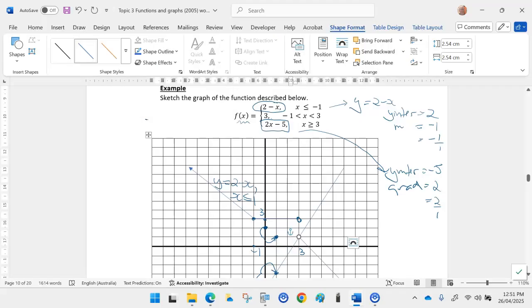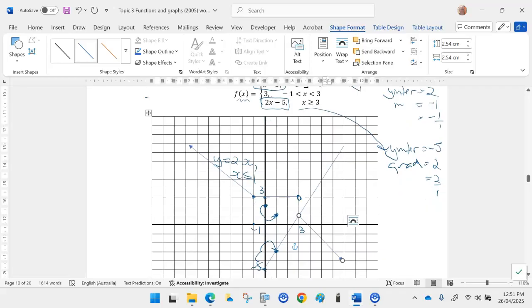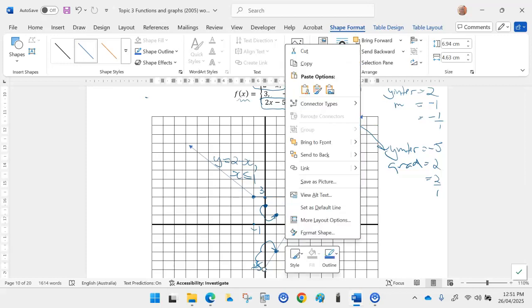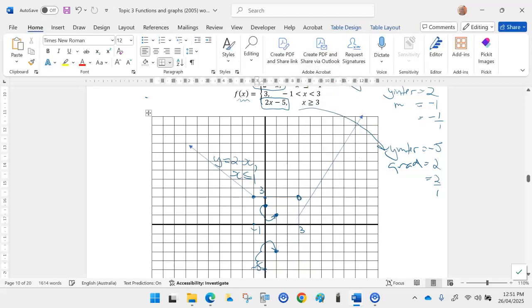And this bit we'll put all the way up here. This other bit I'll delete because I don't need it.